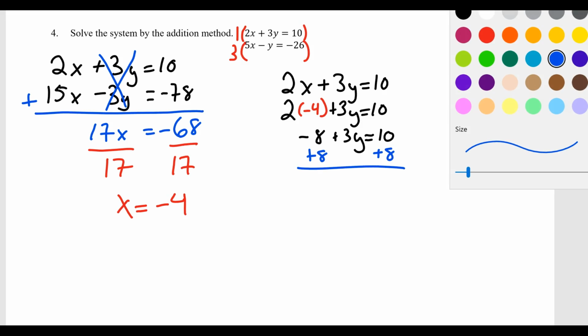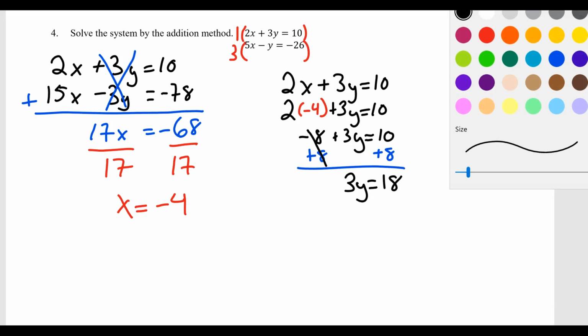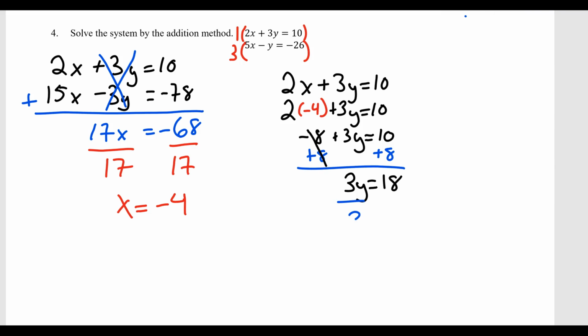So that's going to give me that I have 3y, because these cancel out, is equal to 18. Divide both sides by that 3 so that we get y is equal to 6. So this shows me that negative 4, 6 is a solution.